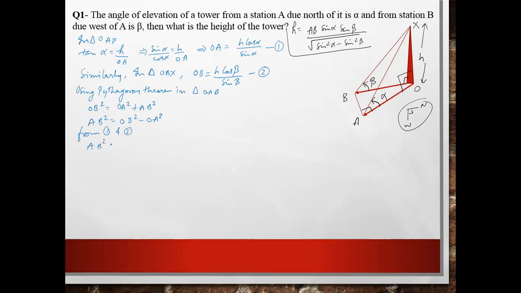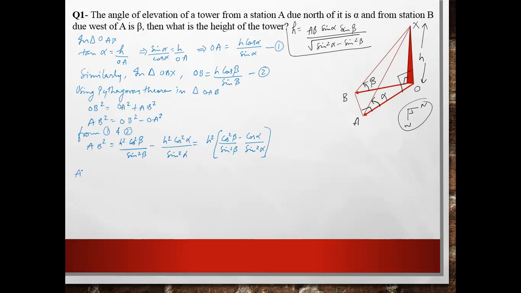AB square can be written as OB squared, which is h square cos square beta upon sine square beta, minus h square cos square alpha upon sine square alpha. You can take h square common, so you'll be left with cos square beta minus cos square alpha, and it will be sine square beta upon sine square alpha.